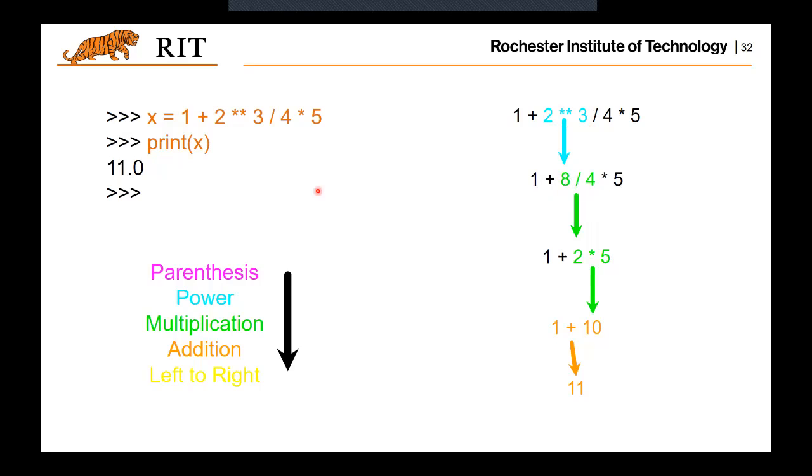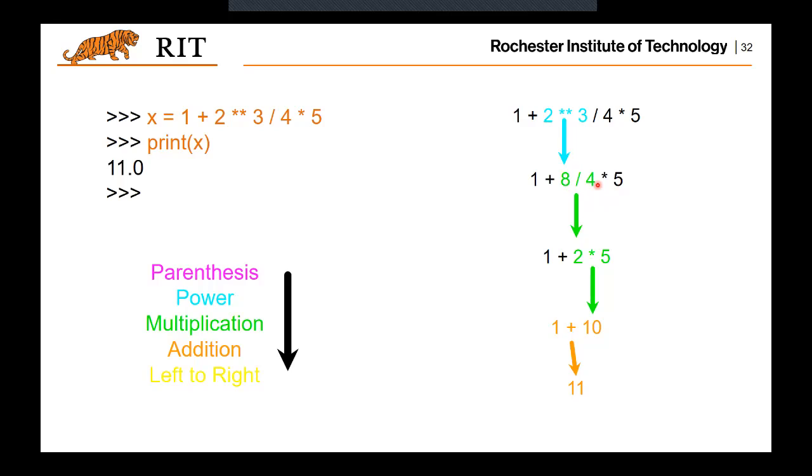And then how about other operations? Multiplication and also division in this case, and the remainder if there is one, are at the same level. So we have multiplication, division, and addition. Addition is at a lower level, so we first do the division and multiplication. For division and multiplication, they are at the same level, but follow left to right order.